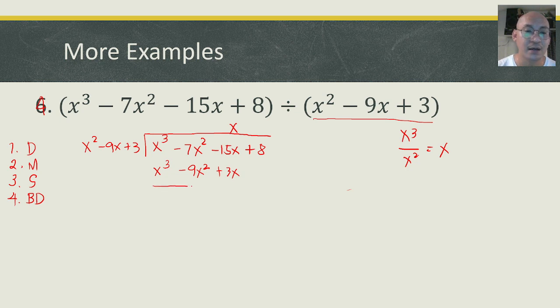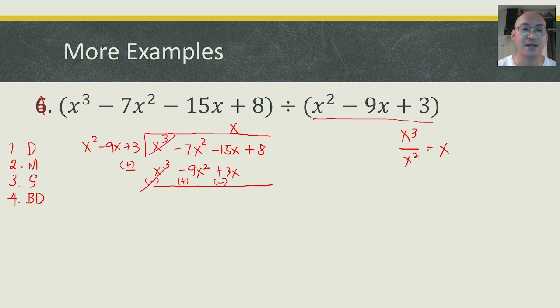Again, observe the alignment of the terms for you to do the process properly. Then subtract. Change the sign to negative. This will become positive and this will become negative. Follow the rule of addition. Subtract. Then we have now 0.